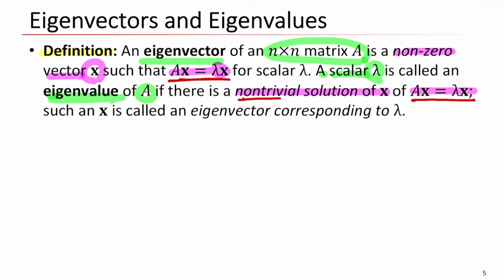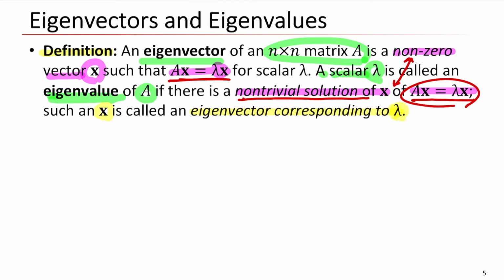Non-trivial solution means x shouldn't be the zero vector, so x will be a non-zero vector here. So if there is a vector x with a scalar value lambda that satisfies this, then we can say that this is the eigenvector and eigenvalue, and such a vector x is called the eigenvector corresponding to lambda. Okay, so this is the definition of eigenvectors and eigenvalues.